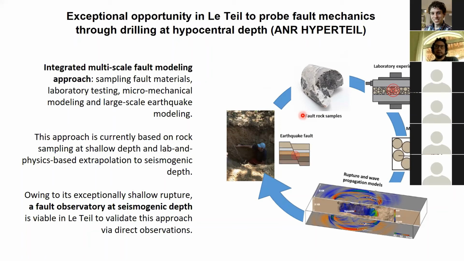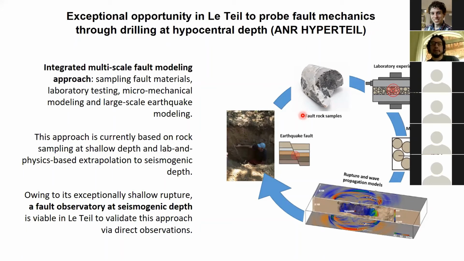And really one way of validating this would be to compare that to what we see in a deeper borehole that goes across the fault at seismogenic depth. Usually we cannot do this, because seismogenic depth usually means 5-10 kilometers depth. For Le Teil, it's 1 kilometer depth.